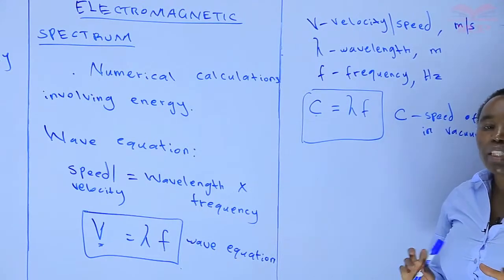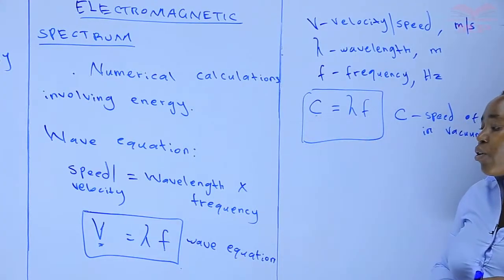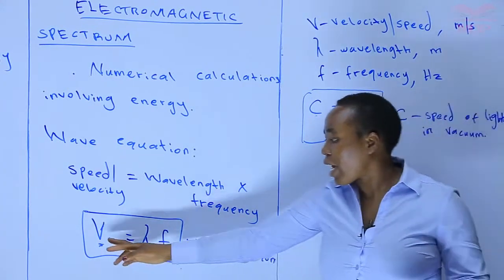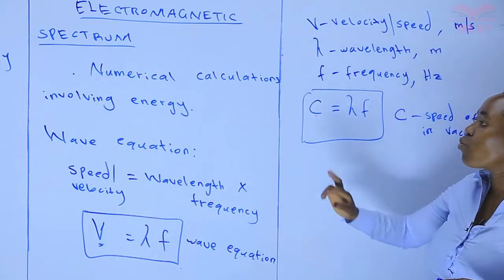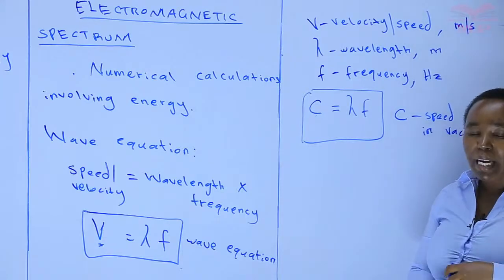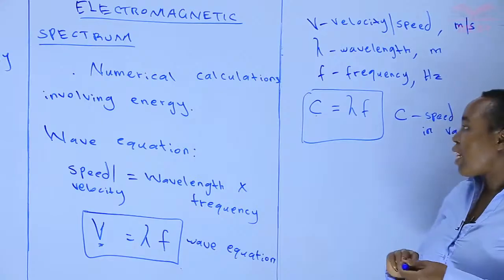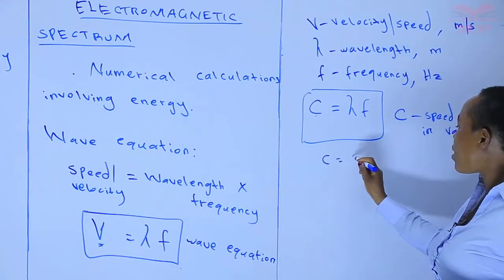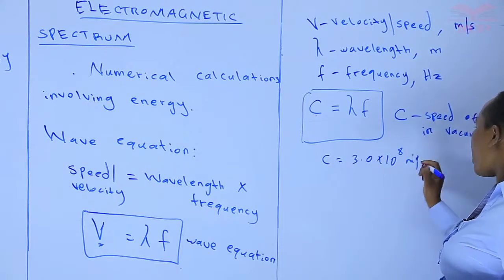Even if you are not given the value of C, or sometimes V, in the question, you should know that all electromagnetic waves travel with the speed of light, and therefore C will always be 3.0 times 10 to the power 8 meters per second.